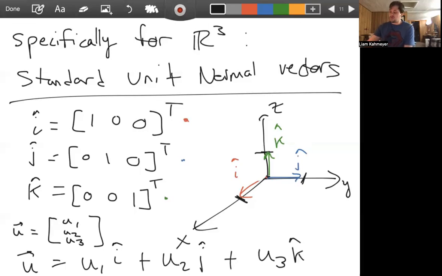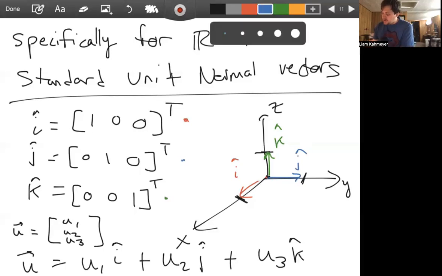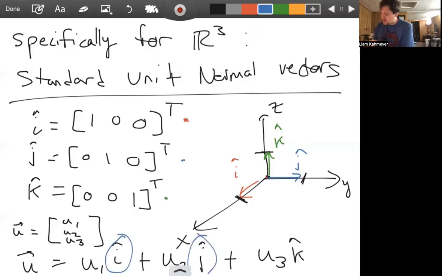When any vector can be expressed as a linear combination of other vectors, we call these vectors a basis or a spanning set. This is not necessary vocabulary for the moment, but just so we hear it now, maybe it won't be so foreign when we come to that in the future.